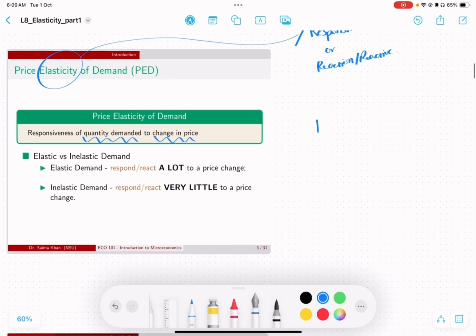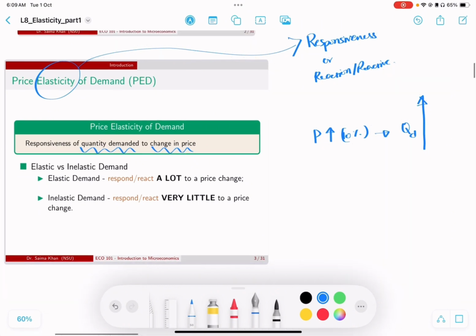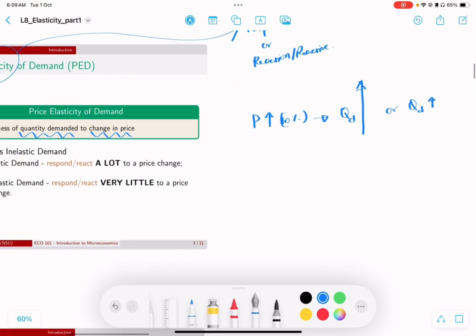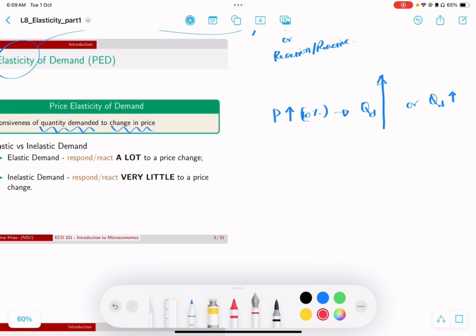The idea being that let's say that the price increases by, let's say, 10%. In that case, you want to see if the change in quantity demanded is a lot bigger than the change in price, or is it very tiny? Essentially, this is what we mean by responsiveness. Does it respond a lot or does it react very little?